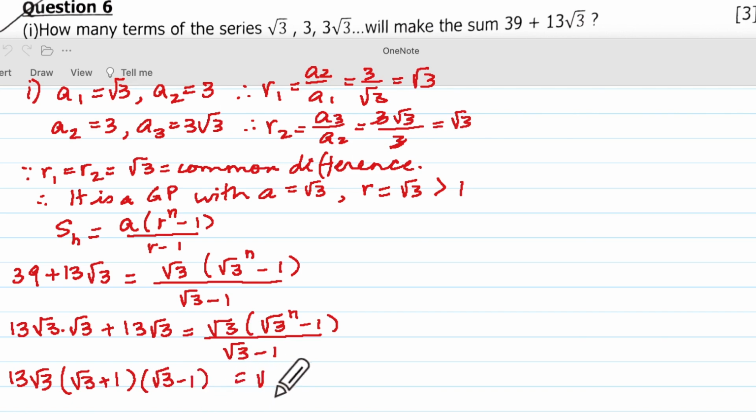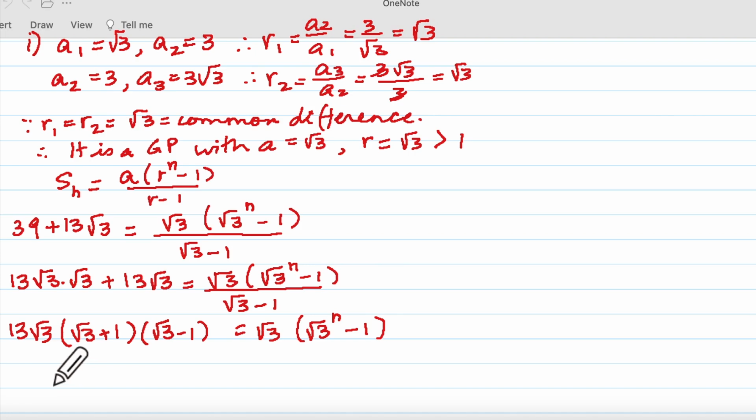and that is equal to root 3 into this remains as it is, okay? So 13 root 3 into bracket, this is your a square minus b square, means 3 minus 1, which is equal to root 3 into bracket root 3 to the power n minus 1.